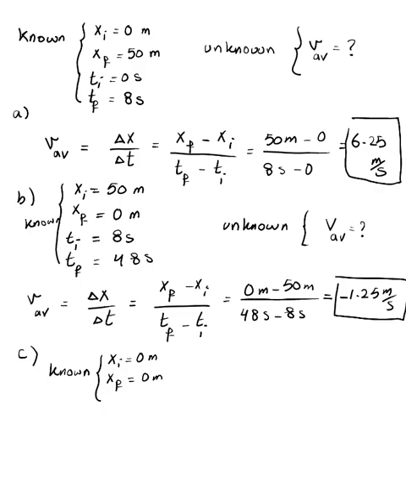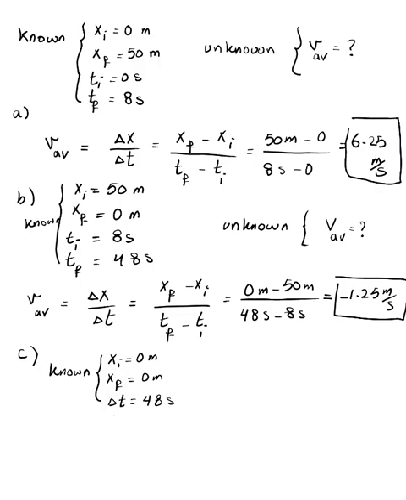So he goes to 50 meters and then goes back to the 0 meters location. And the whole trip is going to happen in 48 seconds, right? Because 8 seconds on the way forward and then 40 seconds on the way back.